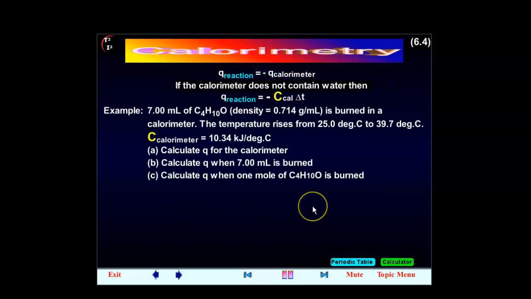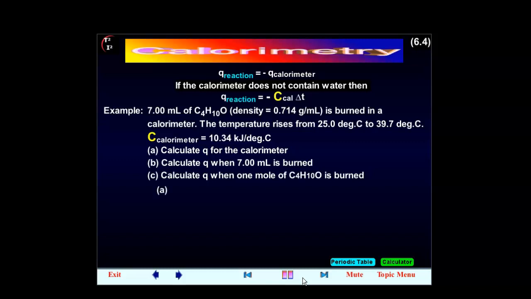Example: 7.00 milliliters of C4H10O is burned in a calorimeter. The temperature rises from 25.0 degrees Celsius to 39.7 degrees Celsius. C calorimeter equals 10.34 kilojoules per degree Celsius.